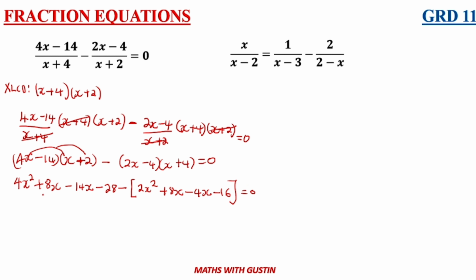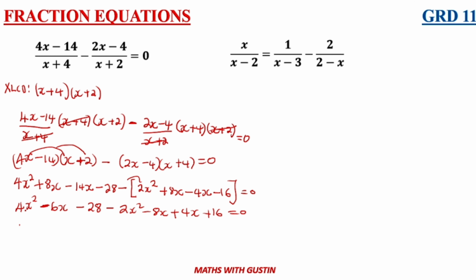All right, so therefore let's simplify this one. 4x squared, therefore 8 minus 14. Okay, we are going to be left with negative 6x, negative 28, and then we multiply throughout by this negative here. Negative 2x squared, negative 8x plus 4x plus 16 is equal to 0.